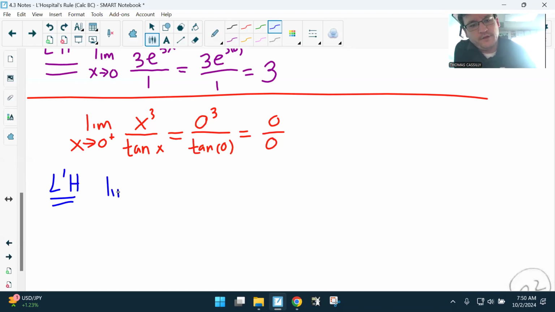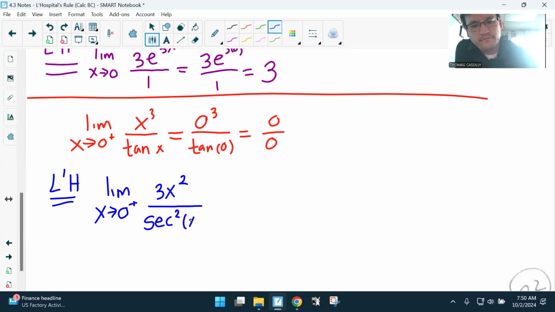All right, so this is the limit as x approaches 0 from the right of, well, what is the derivative of the top? The derivative of x cubed is 3x squared. The derivative of the bottom, what was the derivative of tangent? That was secant squared. We just had our test over this one, so hopefully you guys remember that. So let's go ahead and plug it in.